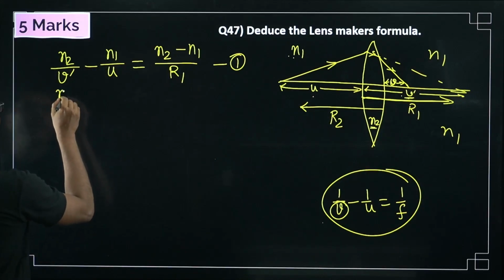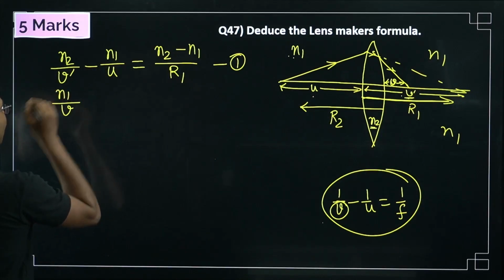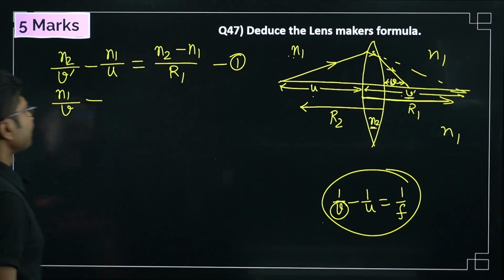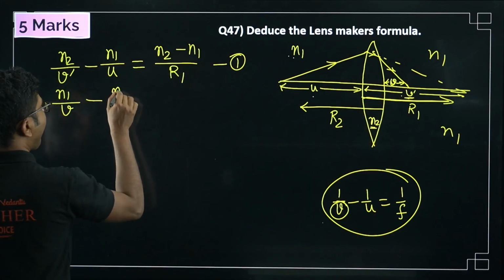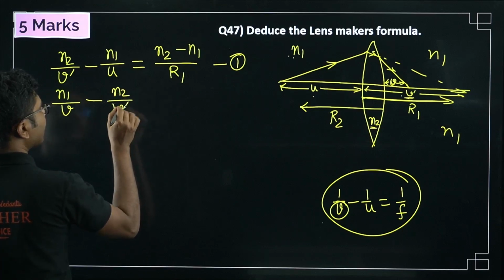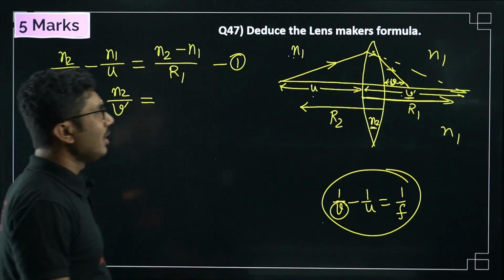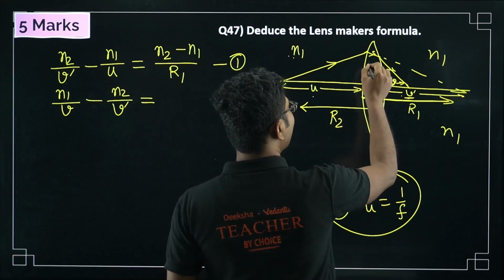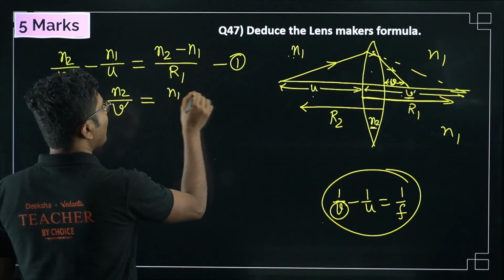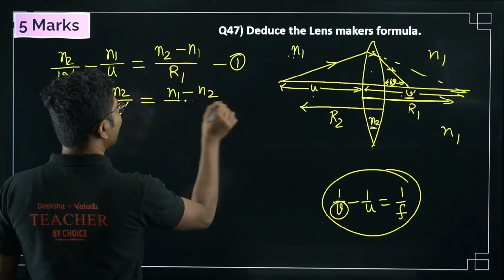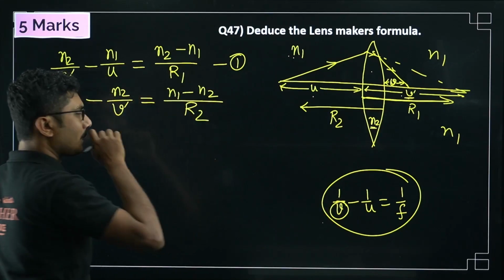So n1 by v minus n2 by v dash equals, now light is traveling from n2 to n1, so final minus initial, divided by R2.